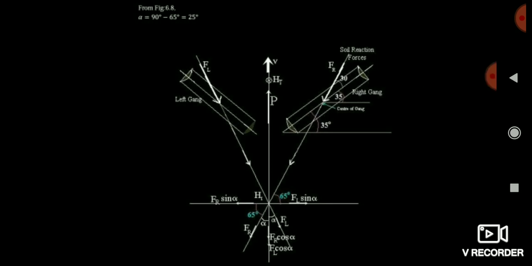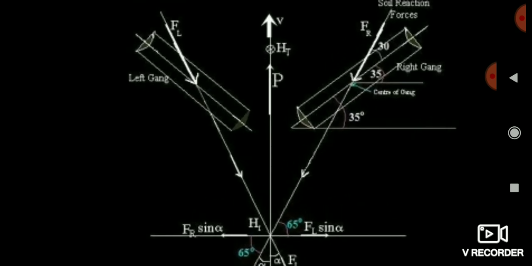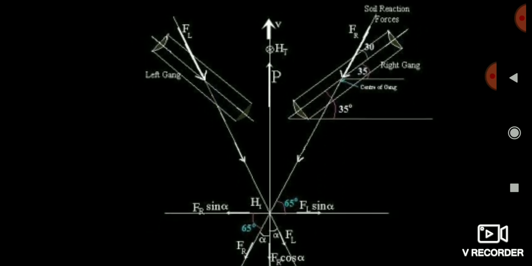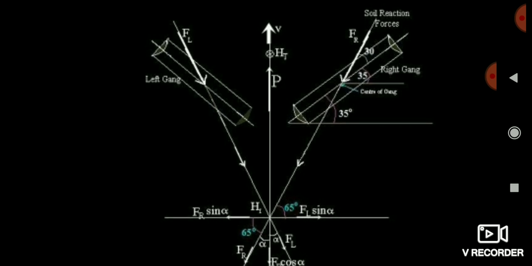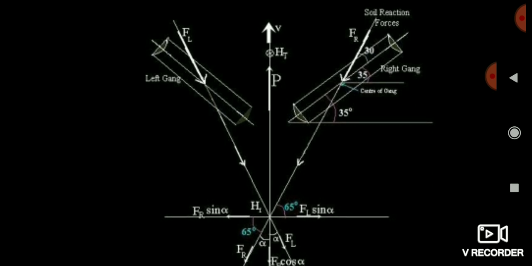I have told you previously also, when the questions are coming like this, then the first thing coming in our mind is to make the free body diagram of the forces acting on the disc harrow. You can see here that Fr is the soil reaction force, Fl is also the soil reaction force acting on left and right axis, and P is the horizontal force.